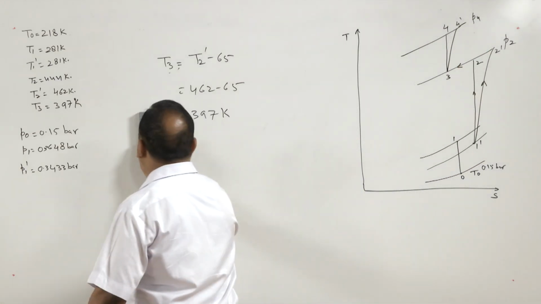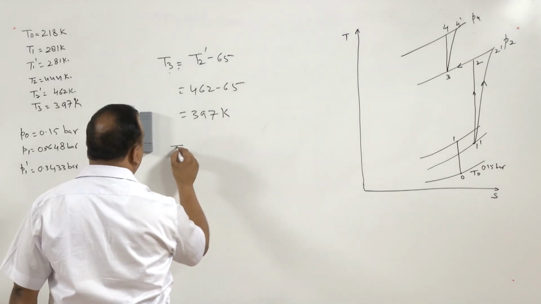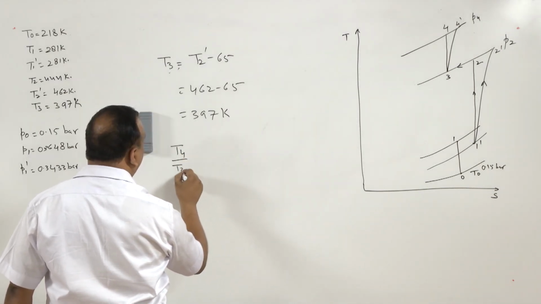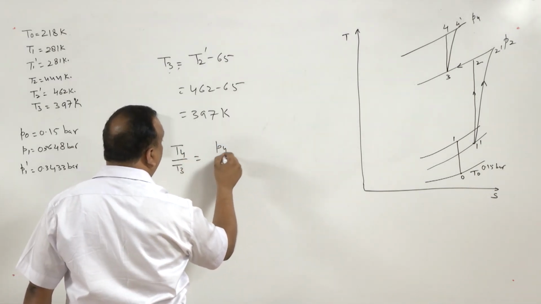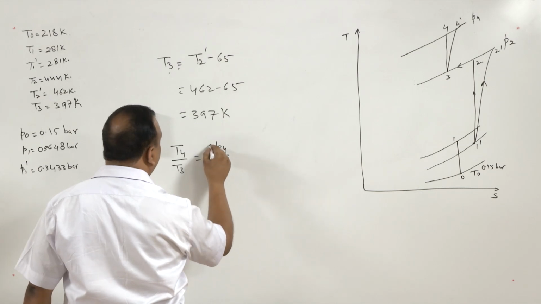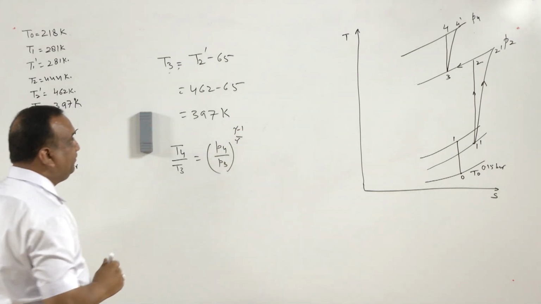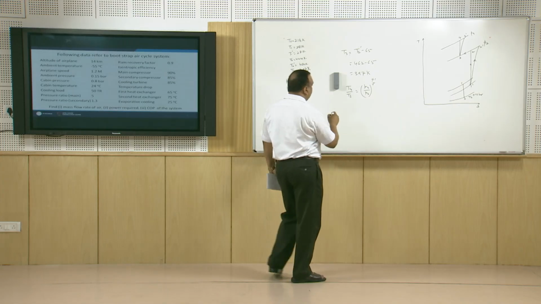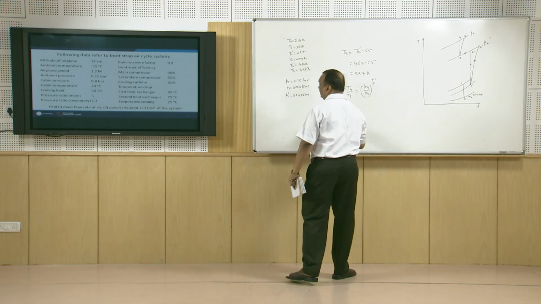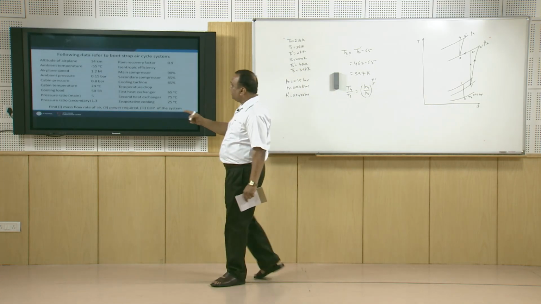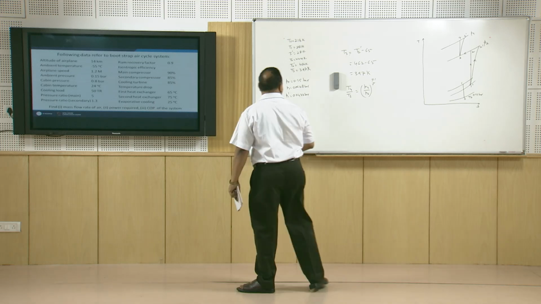So, to find the temperature at state 4, T4 by T3 is equal to P4 by P3 raised to power gamma minus 1 over gamma. P4 by P3 is the pressure ratio, given in the numerical itself, 1.3.